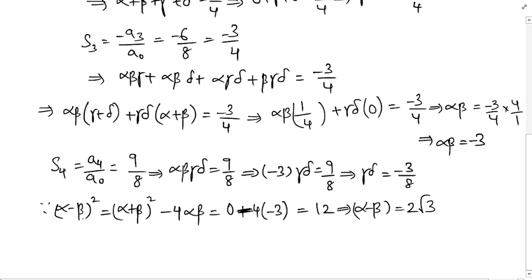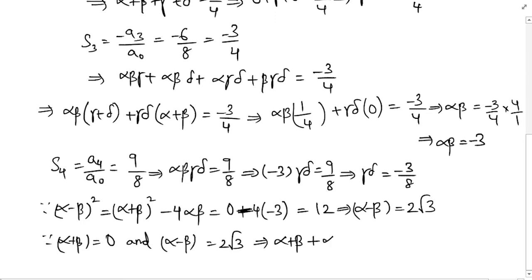Okay. So now we also know that alpha plus beta is equal to 0, and alpha minus beta is equal to 2 root 3. Okay, because we have found those values now. So that means alpha plus beta plus alpha minus beta is equal to 0 plus 2 root 3.